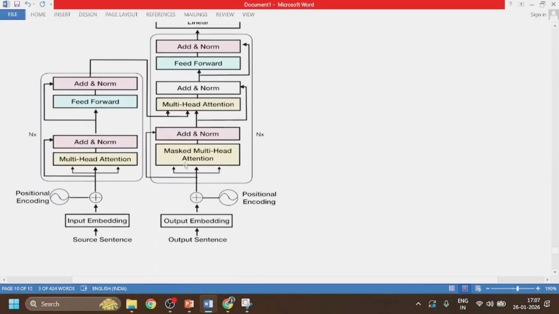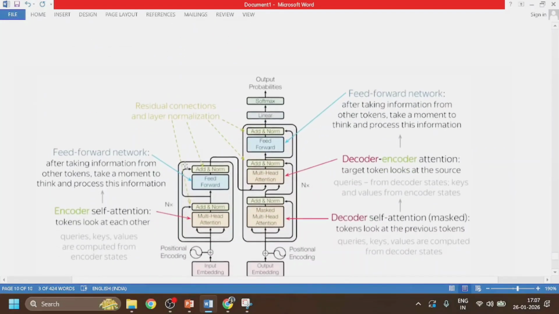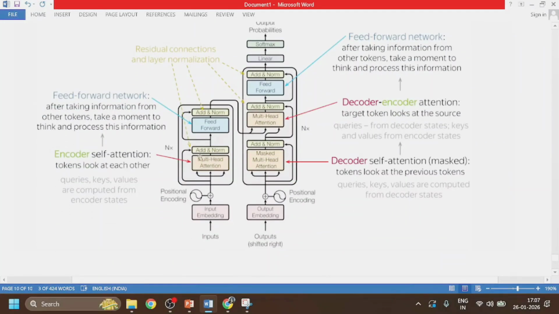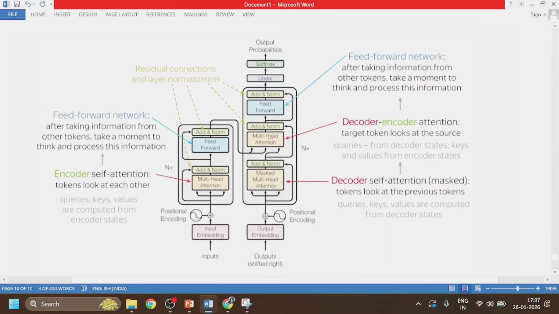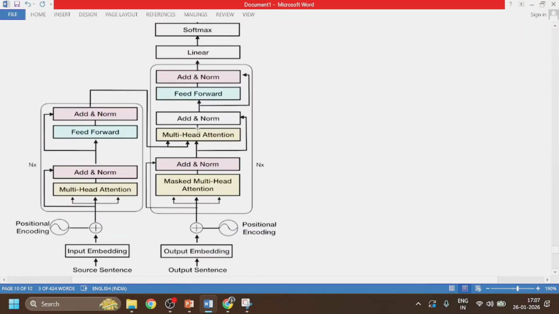I'm going to show you another diagram. Here this is the encoder attention, because it is the encoder, and this is the decoder self attention. And here you can see the decoder-encoder attention, because the encoder is connected here and the decoder is also connected here, so this is called the encoder-decoder attention.